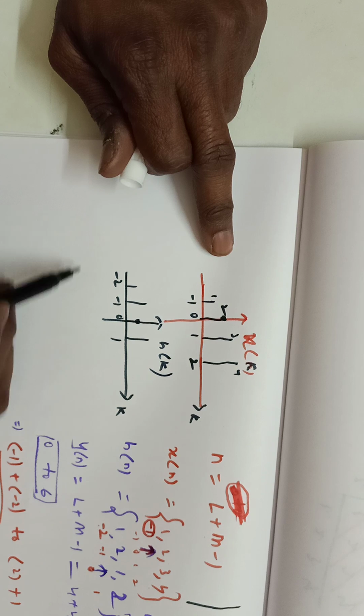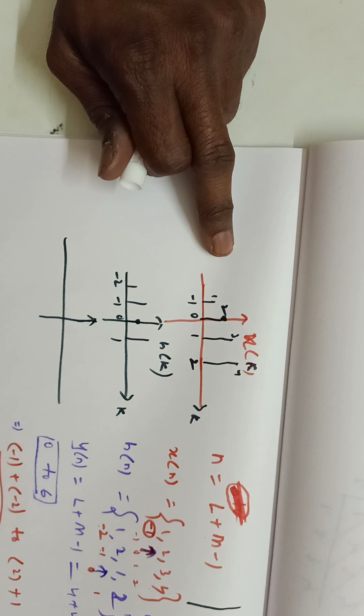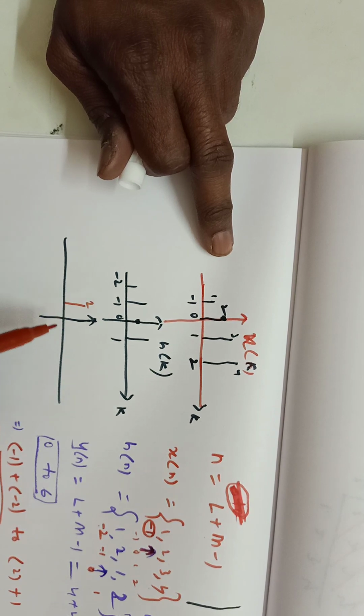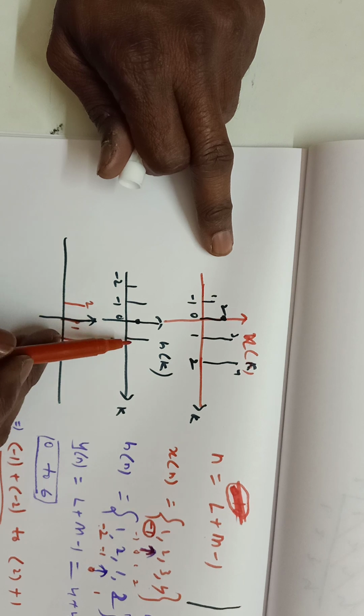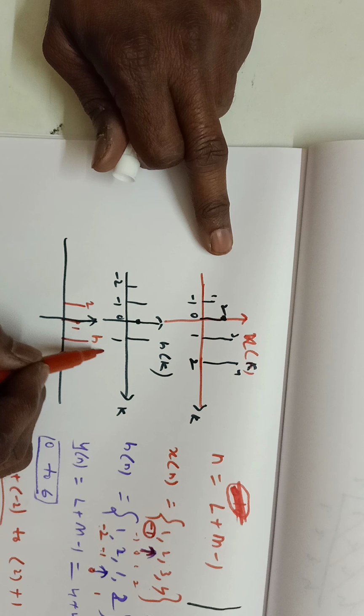So what is the first step? We want to fold this sequence. When you fold it, the samples will be reversed. The value at the origin will be the same, 2, 1. So the left side values come to the right side, and the right side values go to the left. This is h of -k.